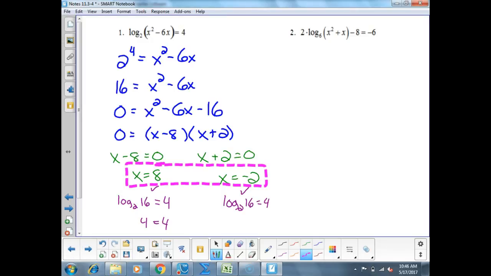Do I have it isolated? No. So what do I gotta do first? Add 8 first. So that gives me 2 log base 6 of x squared plus x equals 2. Do I have it isolated yet? No. What do I got to do?